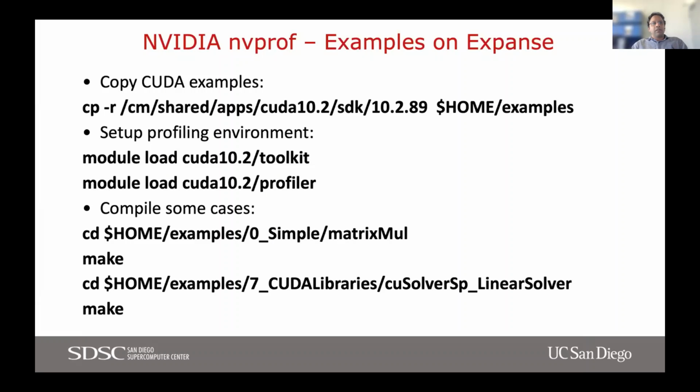So just so we can look at some of these examples, I'm going to copy over that toolkit and then set up the profiling environment, and we'll run some cases. We don't need to compile all the CUDA toolkit cases today. Just compile basically the simple matrix multiply and one of the linear solver examples.